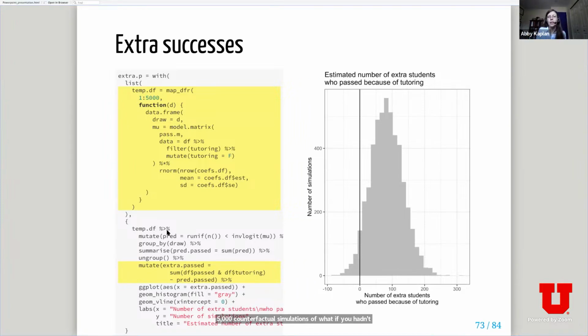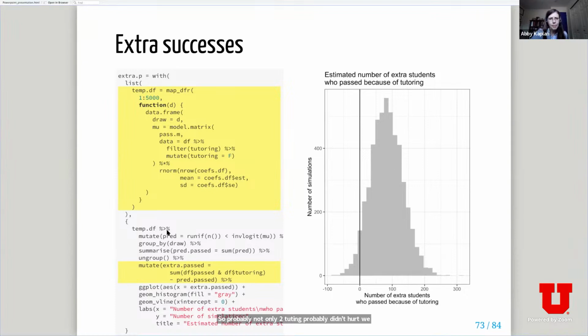And on the right, we see a histogram of the number of extra passes in each of those simulations. And what we see is that it was probably somewhere between like 50 and 150 extra students. So probably not only two. Tutoring probably didn't hurt. We also probably didn't help 1,000 students, right?